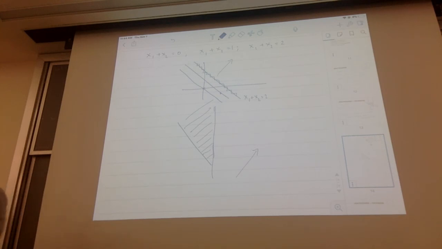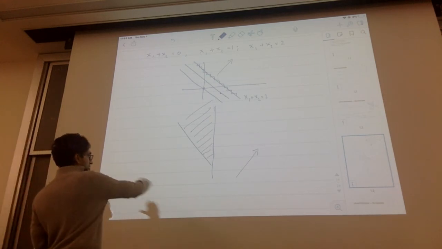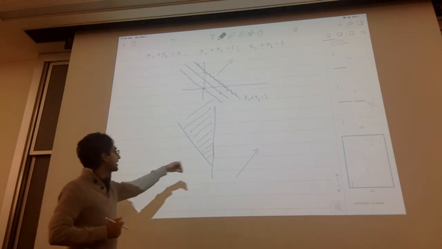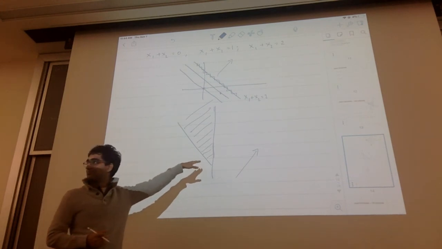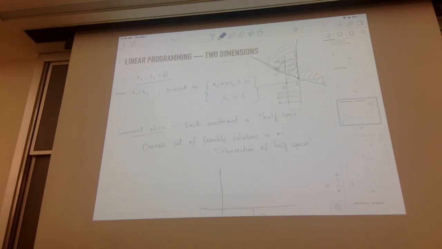Imagine doing some kind of a sweep where we bring a plane of this kind and move it until it hits this feasible region. Geometrically, this is what would happen, and in this example, you'll realize that this is indeed the point.